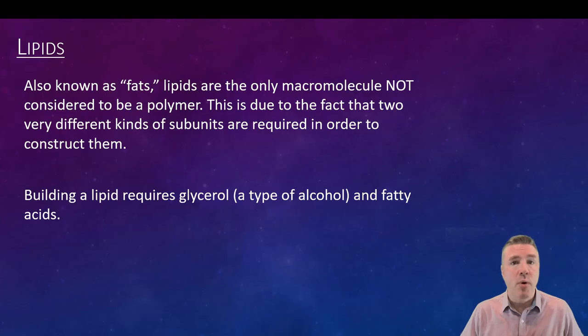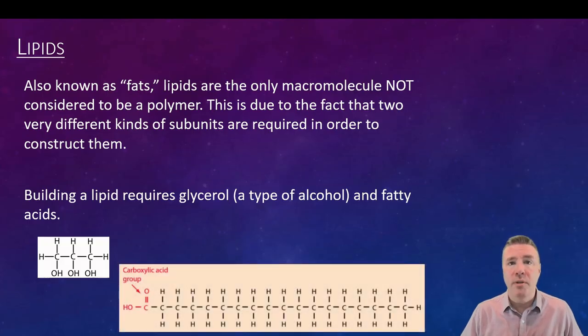Constructing a lipid requires a glycerol molecule and fatty acids. Glycerol is a 3-carbon compound with 3 hydroxyl groups. Fatty acids are long hydrocarbon chains with a carboxyl group found at one end. Fatty acids can vary in their length from only 4 carbons, like the butyric acid found in butter, to the very long fatty acid chains with 22 or more carbons.